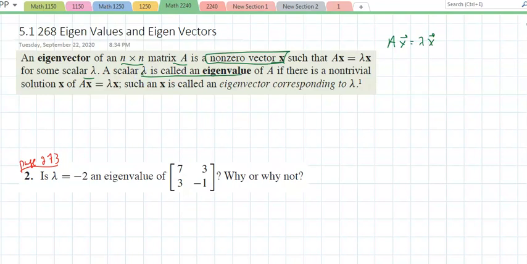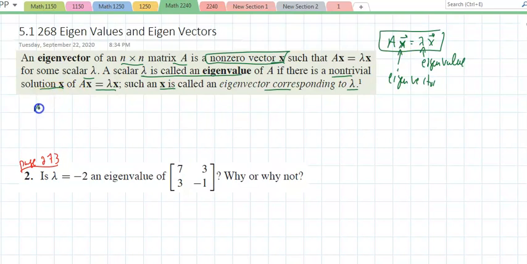So you've got to remember that: the eigenvalue is lambda, and x is the eigenvector of A. If there is a non-trivial solution x such that Ax equals lambda x, such x is called the eigenvector corresponding to lambda.